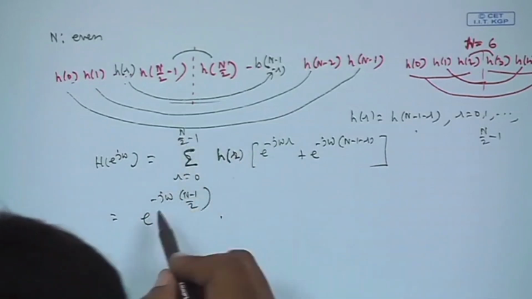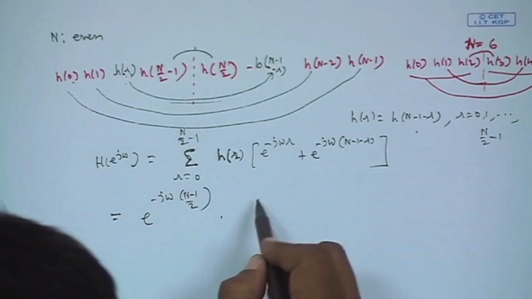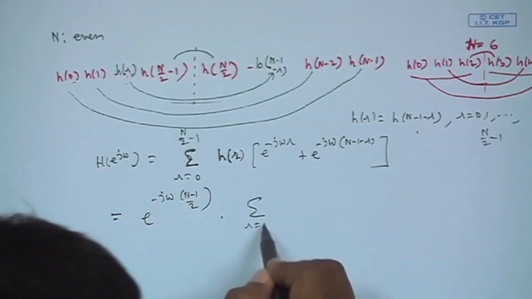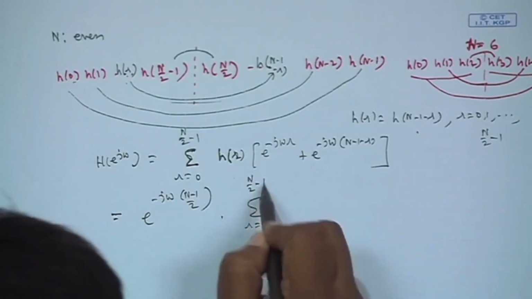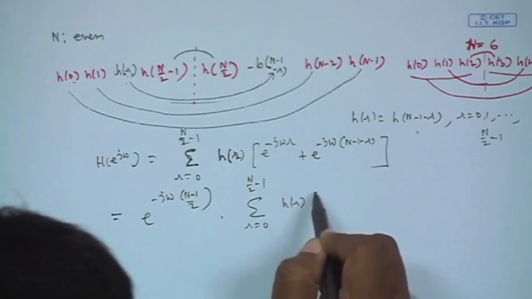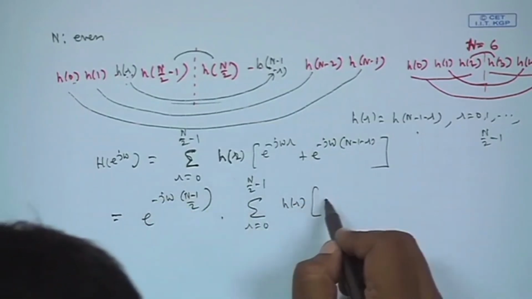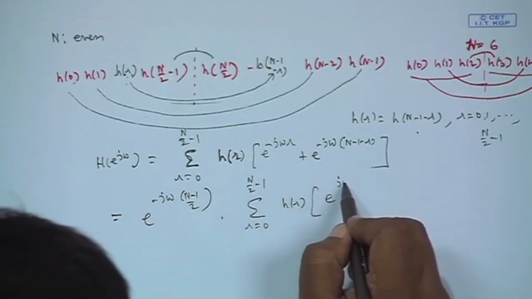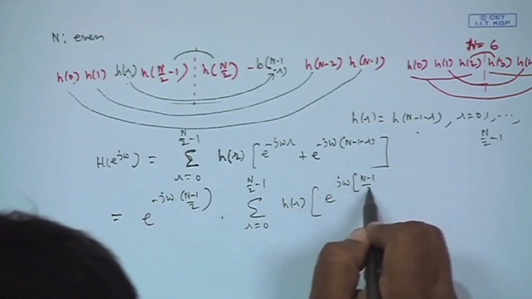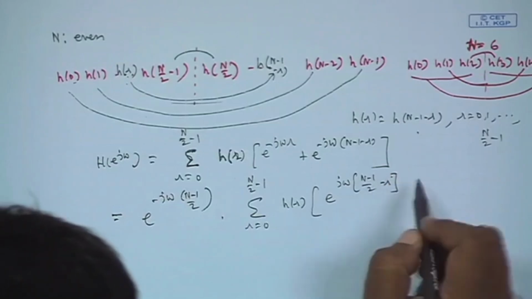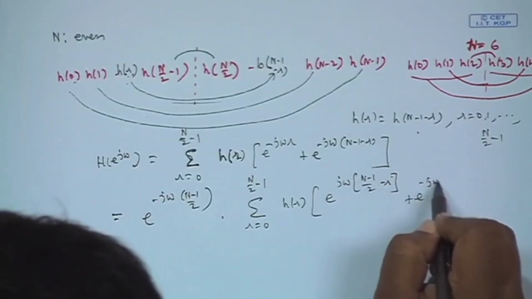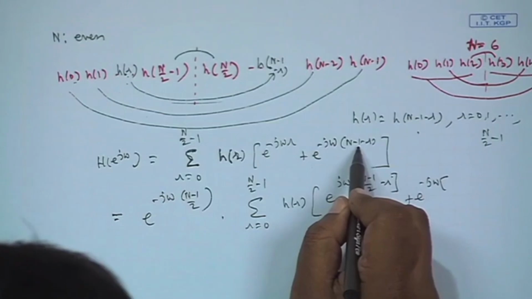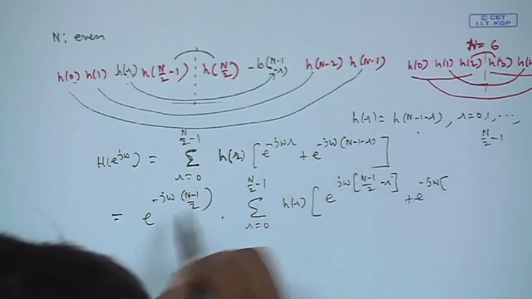Then what will happen? It is very much like the previous case. H r, I have to bring it back inside. So, it will be with a positive sign, j omega n minus 1 by 2 minus r, and where minus j omega, already n minus 1 was present. After that, n minus 1 by 2 has gone.